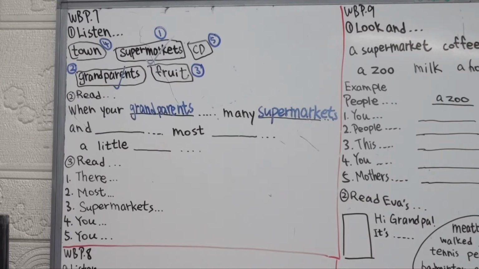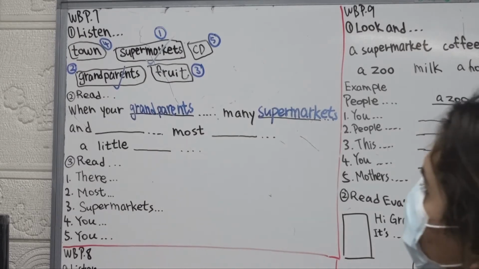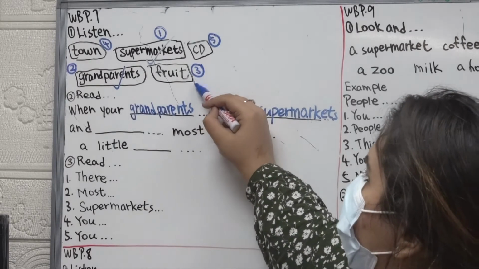Alright, keep going. They bought meat from one shop and fruit from a different shop. So they bought meat from one shop and what? From a different shop. So meat is a food, right? So what is one of the foods? Yes, fruit.